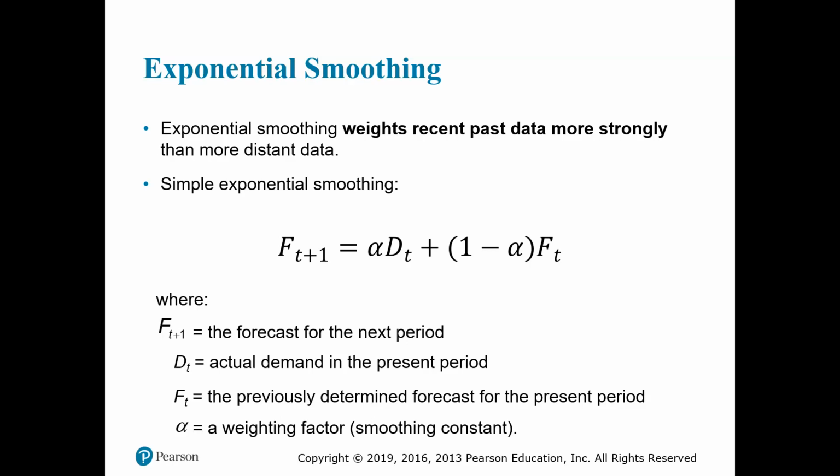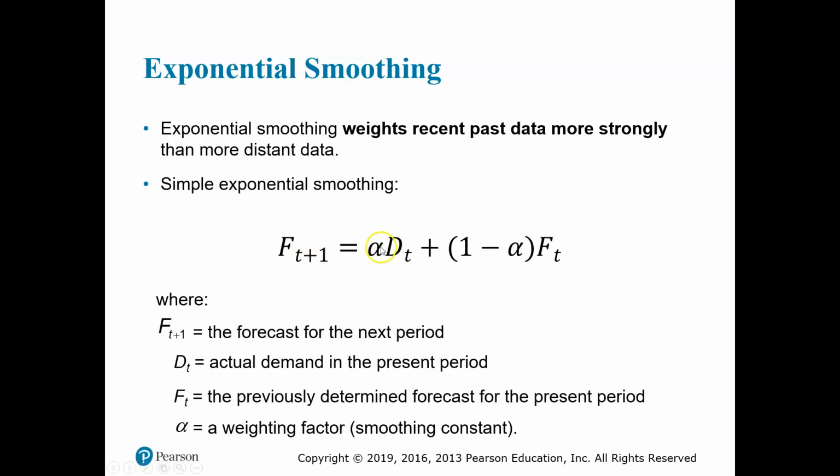So this is the formula we're going to use. F sub t plus 1 is the forecast for the next period. So we're forecasting the next period. We're going to look at a value called alpha. It's a weighting factor, or called a smoothing constant, times last month's or last time period's demand, plus 1 minus alpha, times the last month's or last time period's forecast.